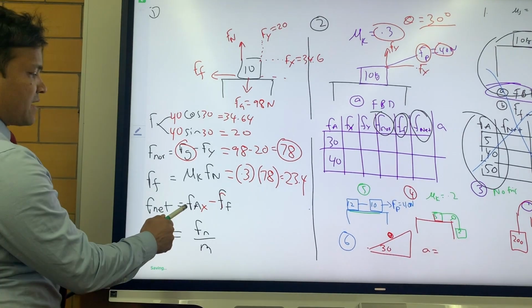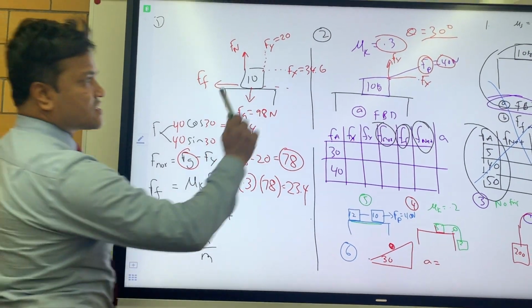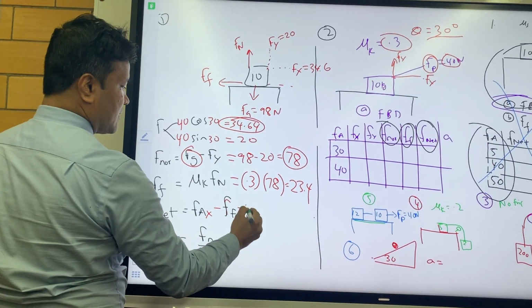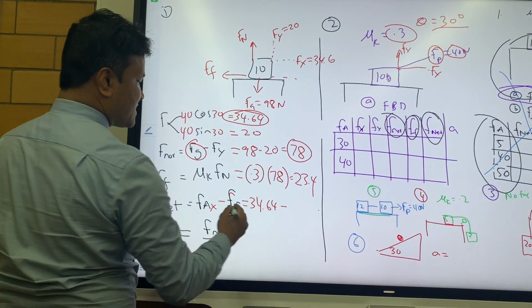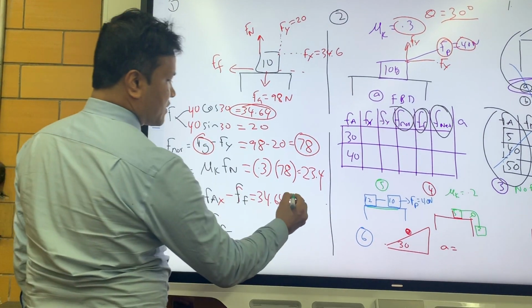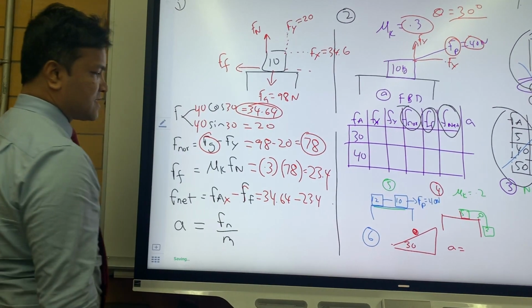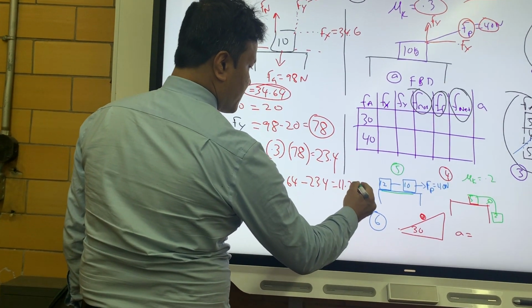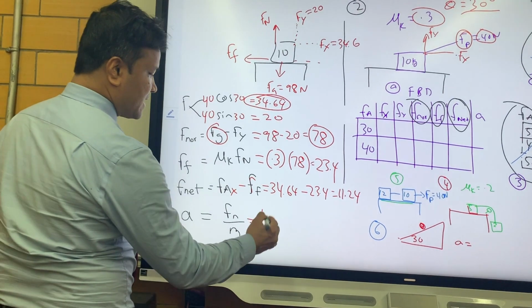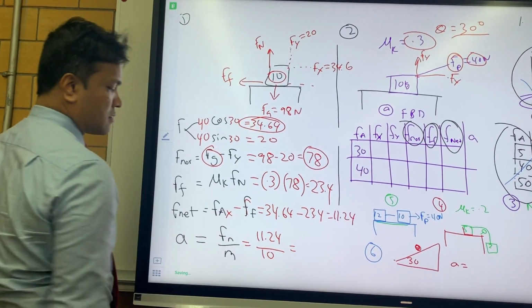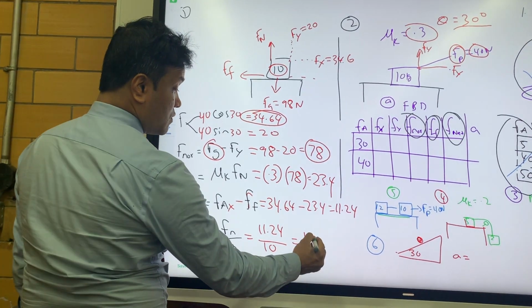23.4. Now I have Fax. Fax is not 40. Fax is 34.64 minus Ff. What is Ff? Ff is 23.4. So what is this? 11.24. Now I have F net, 11.24, divided by 10. Yeah, 1.124, 1.12.